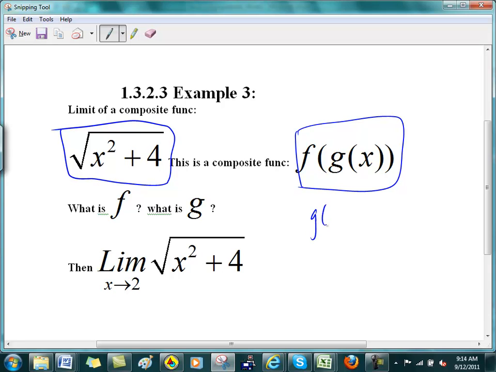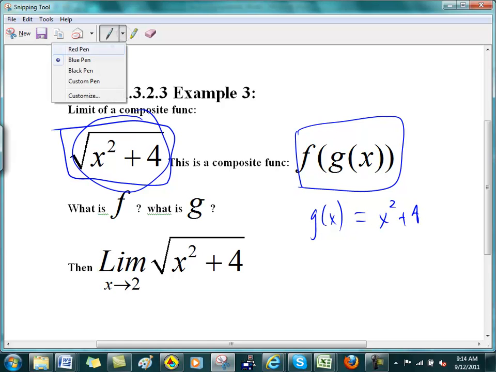Well, first I want you to tell me what this is. What do you think the inside function should be? In other words, can you see that there are really two functions in here? Okay, Tatiana, what do you want g of x to be? Nice, good job. And what do you want f of x to be? Fantastic, good job. Is everybody okay on that?